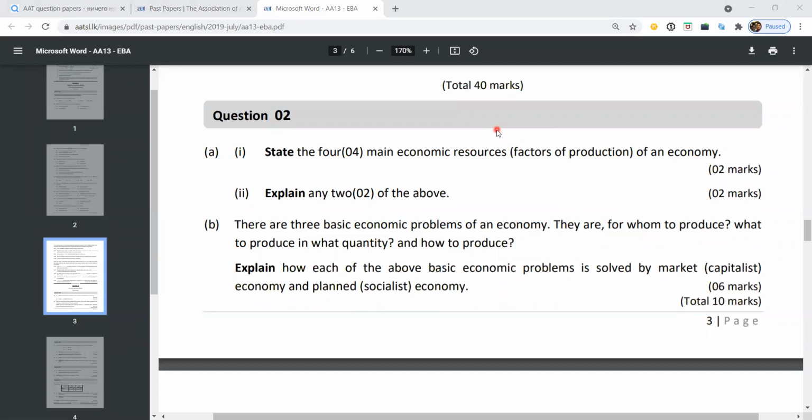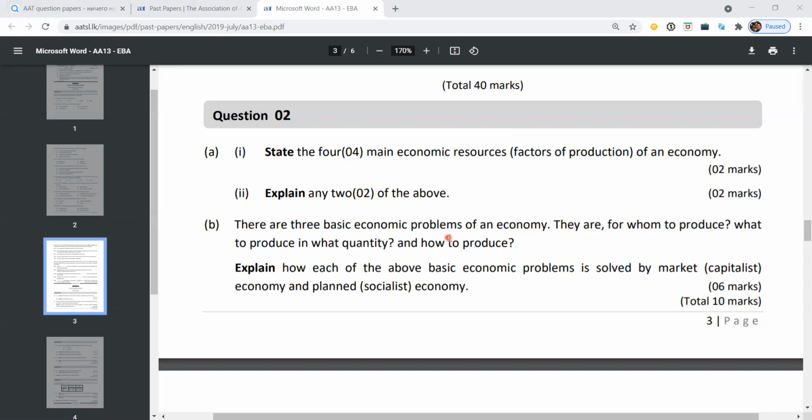Maybe a sole trader, sometimes a boat owner, a fishing boat. So, entrepreneurs.